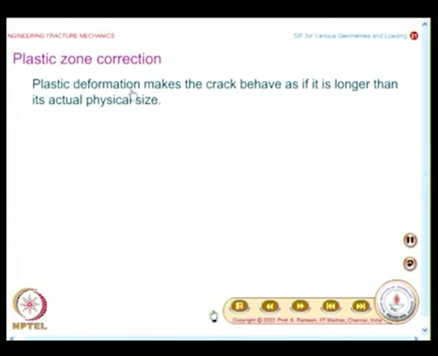So, people felt when you are applying for ductile materials, it is also desirable to do some correction factor for development of plastic zone, and one of the simplest ways to handle this is, when you have a crack length of a, you take an additional small length which is calculated by a certain procedure, which we would see in the next chapter. We would just look at the result. Instead of using crack length as a, you will use a modified crack length, and that is what is mentioned here. Plastic deformation makes the crack behave as if it is longer than the actual physical size.